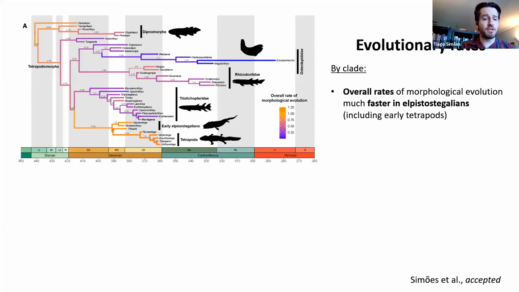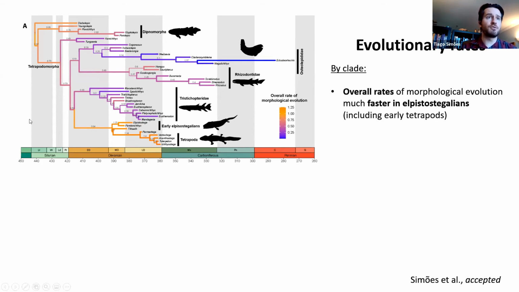So the result for this particular transition, using the only available data set, we found that the group called Elpistostegalians, which include transitional forms like Tiktaalik and the first known tetrapods, are undergoing strong, accelerating rates of evolution relative to all other clades in this particular phylogeny, including Tristichopterids, Rhizodontids, Osteolepids, and the earliest known Dipnomorphans.